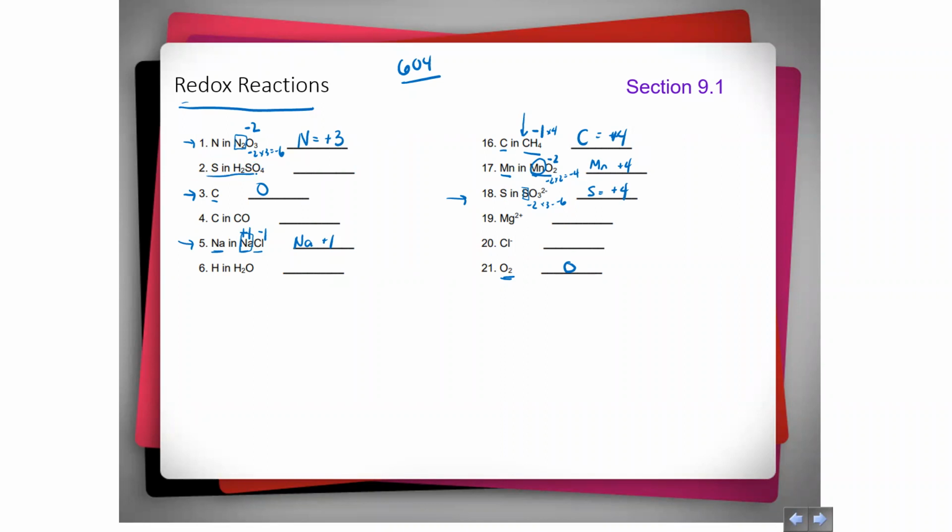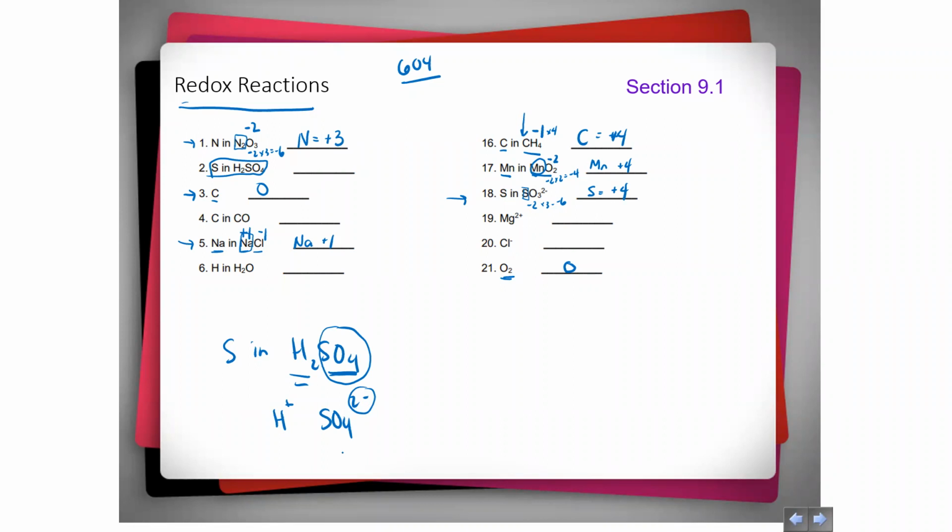Now I'm going to look at the S in H2SO4. This is an ion. This is actually H+ and SO4 2-. Okay, that's what's happened here. So when you assign the oxidation states to this part, you have to leave a sum of -2.